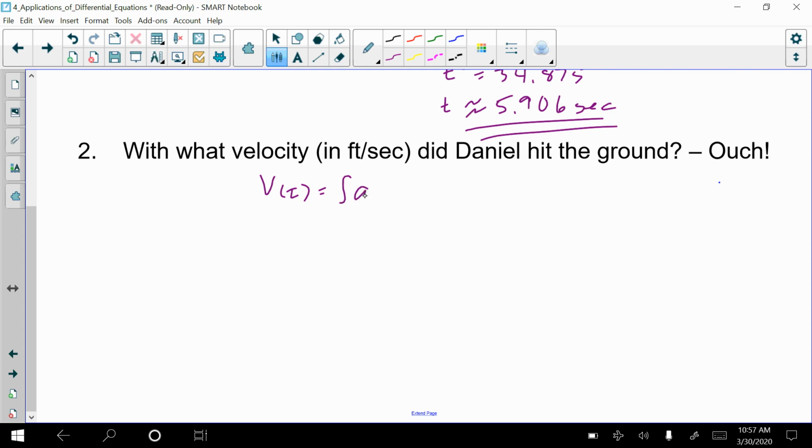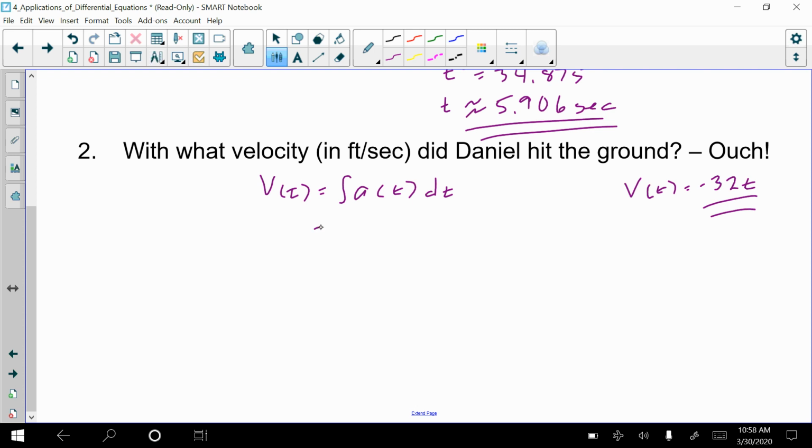Again, this isn't strictly necessary. I'm just demonstrating the calculus because that's what we're doing. You should be able to recognize that the velocity should just be negative 32t plus the initial velocity, which is 0. So this is really what we should wind up with.